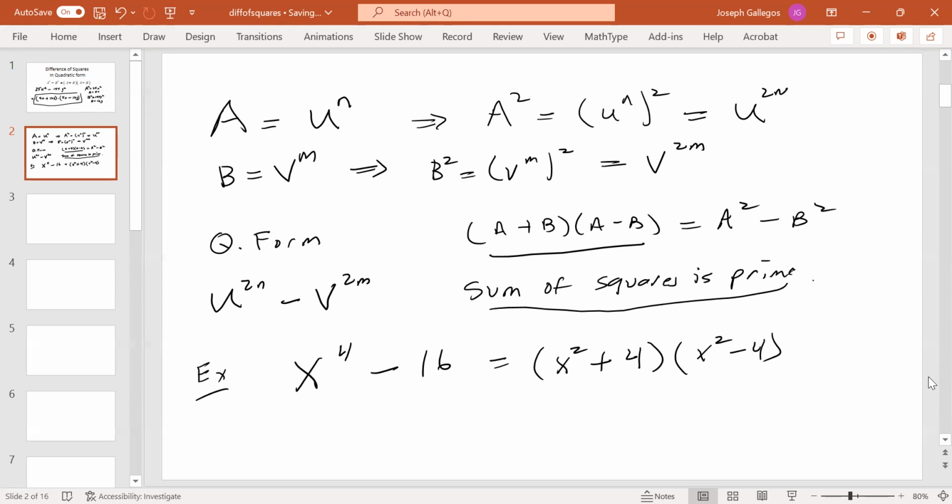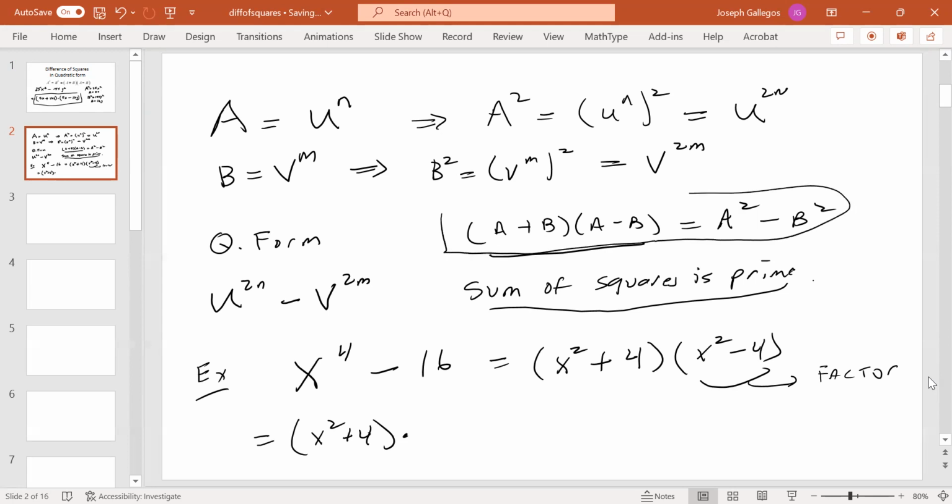The second factor, x squared minus 4, can factor more, and we can apply the special form again. There's nothing we can do with the first set of parentheses, x squared plus 4. But for the second set of parentheses, x squared minus 4, we can apply the difference of squares.